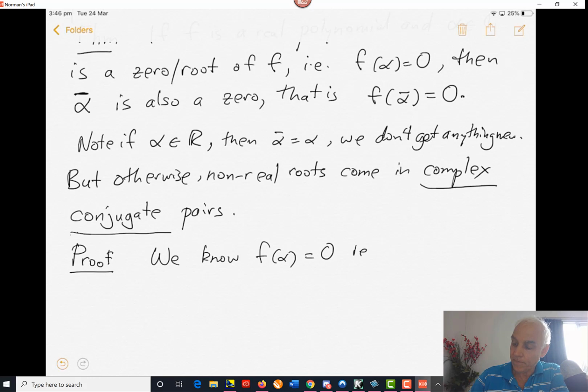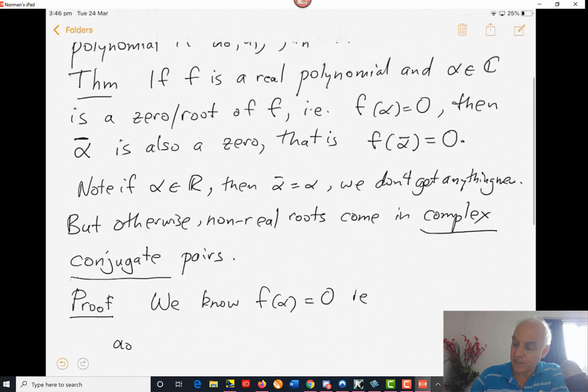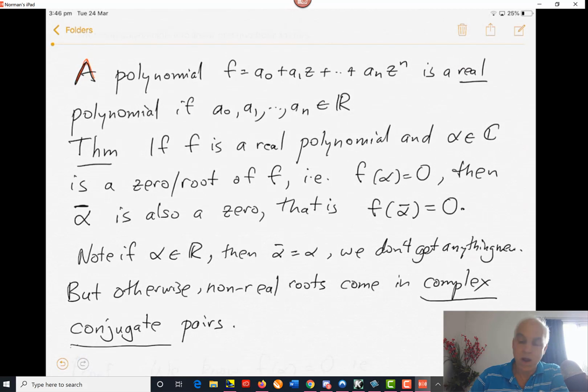That means that, remember that f is equal to this polynomial up here.